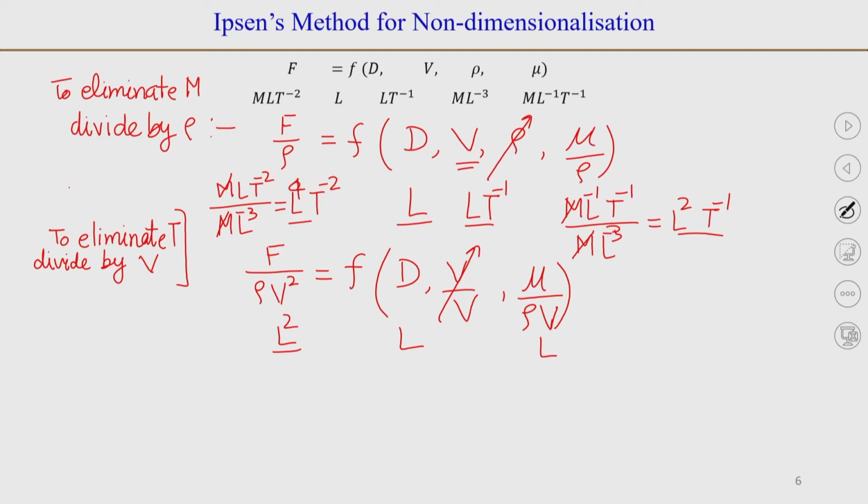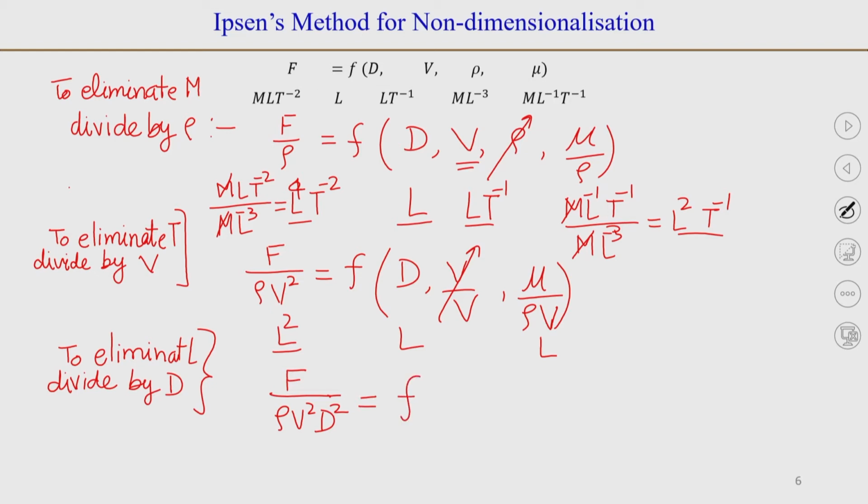Now, we need to eliminate only L. So, we can divide by D. To eliminate L, let us divide by D. So, we will have F over rho V squared D squared equal to a function of D by D. So, it will become dimensionless and we will not consider it anymore, and mu by rho V D, because L has just one dimension or one power to it.